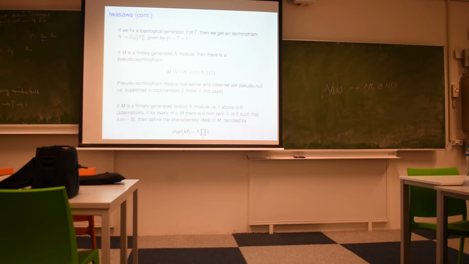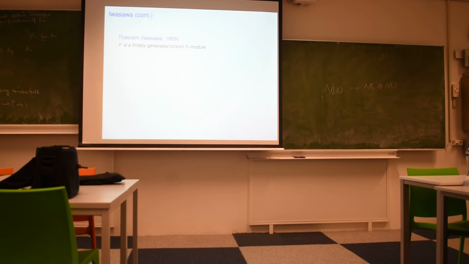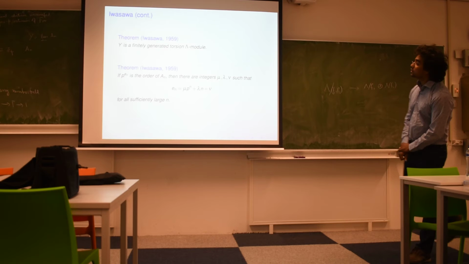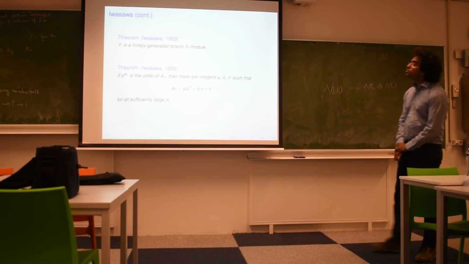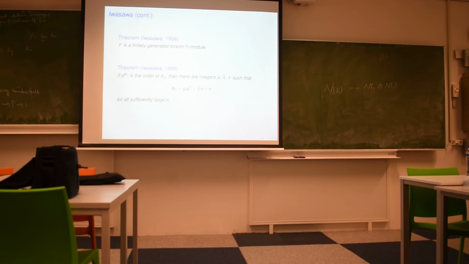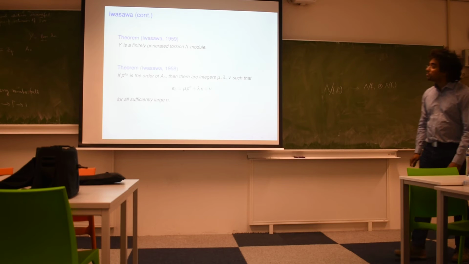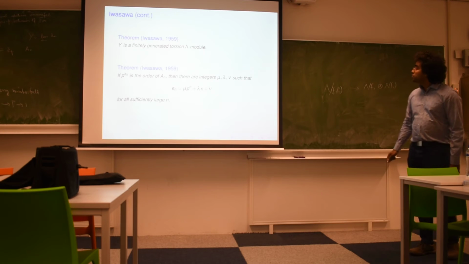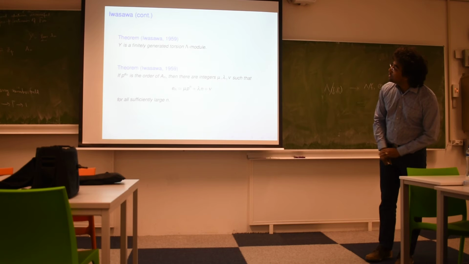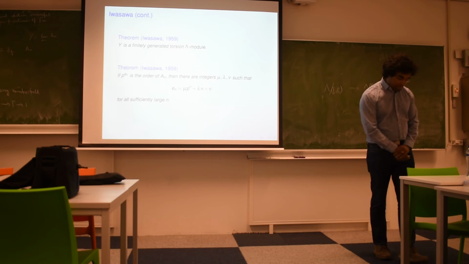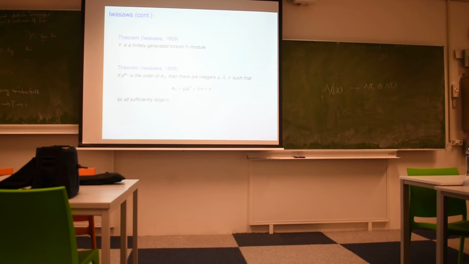So this gives a nice invariant of finitely generated torsion lambda modules, and these are two famous theorems of Iwasawa. Maybe they were announced slightly earlier, but in print they are from 1959. He proved that this Y is a finitely generated torsion lambda module. That's not hard to prove using some class field theory.